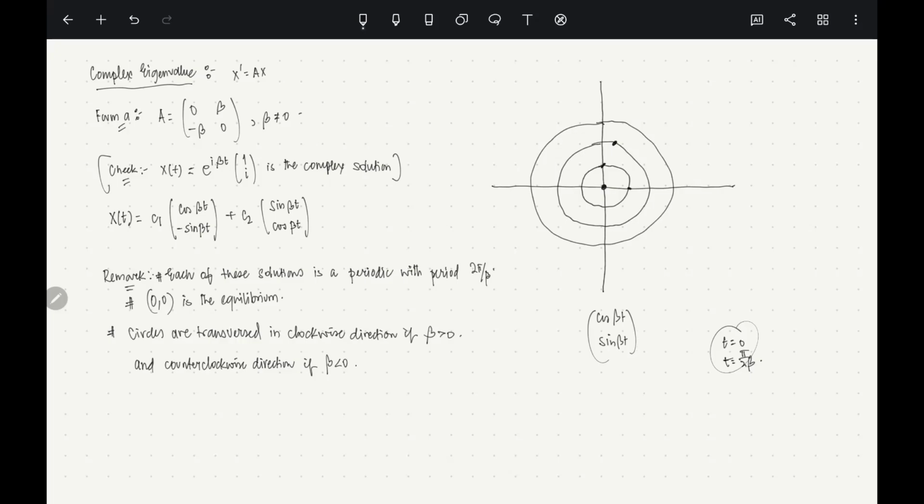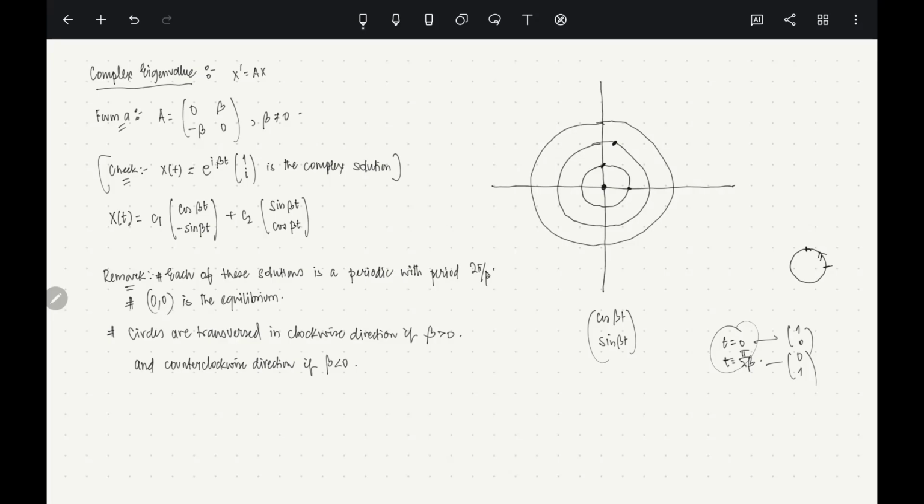At t equals 0, cosine 0 is 1, so it is 1, 0. And at t equals pi by 2 beta, beta is positive, so cosine pi by 2 is 0 and sine pi by 2 is 1. We want to see increasing t. At t equals 0 it is 1, 0, and at t equals pi by 2 beta it is 0, 1 here.